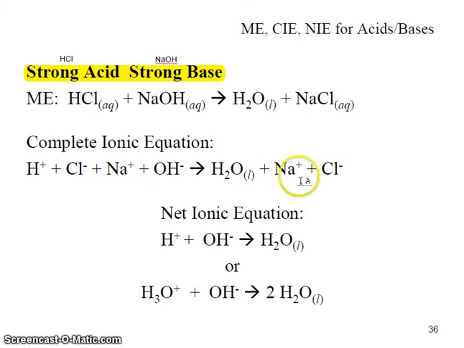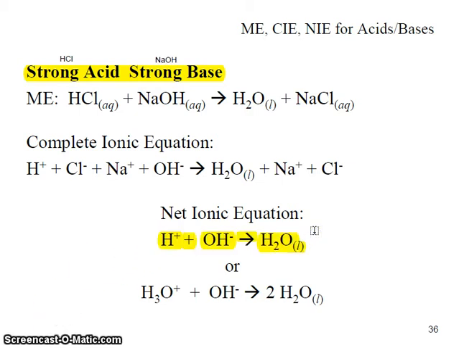So Na and Na, sodium and sodium, is going to get cancelled because that's a spectator ion. So would be the Cl and the Cl. What remains is H plus, OH negative gives you water. So this last equation that you got is what is called the net ionic equation.